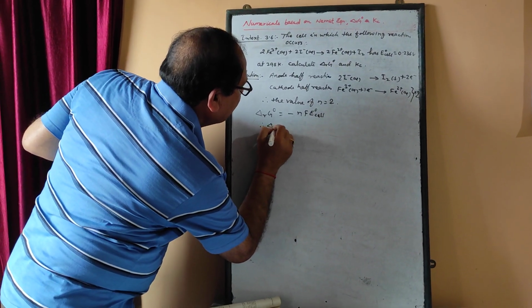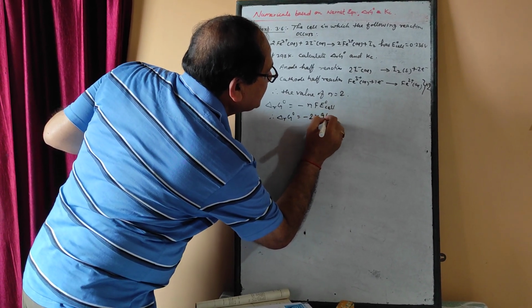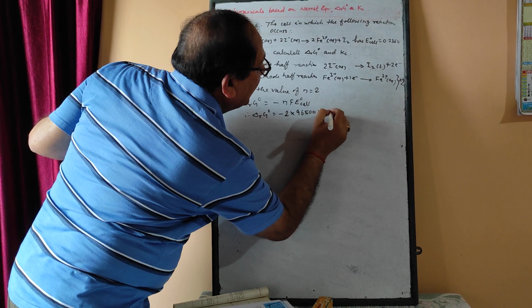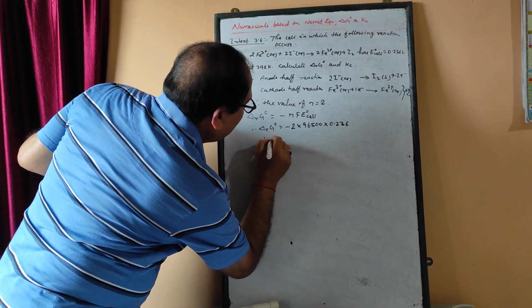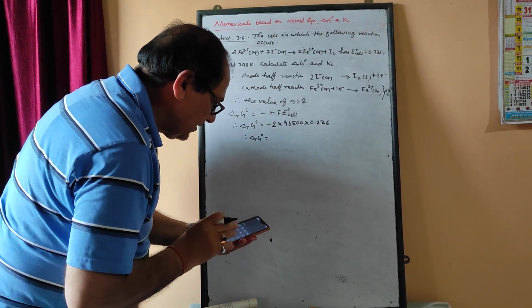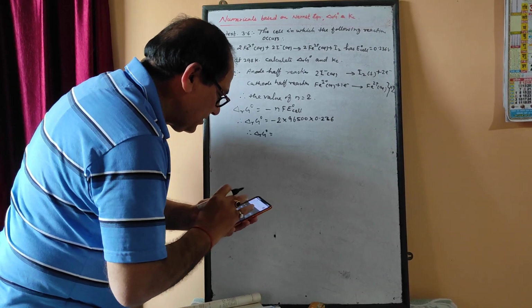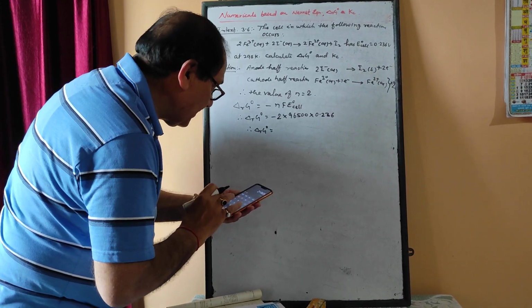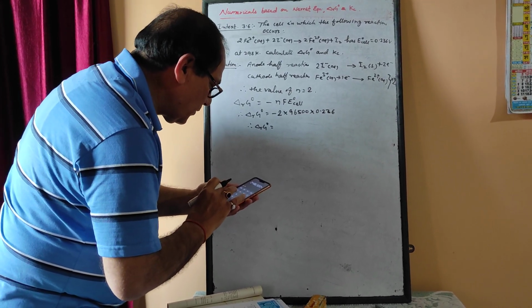Therefore, delta rG0 is equal to minus 2 into 96500 into 0.236.